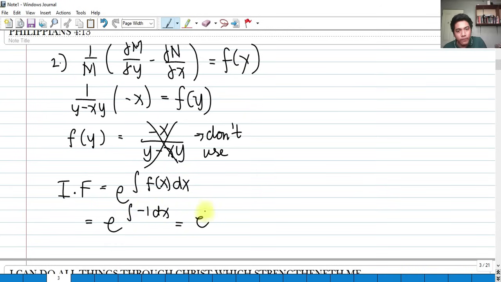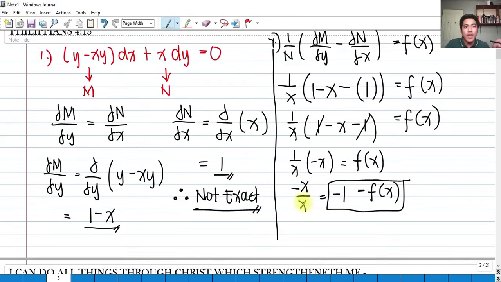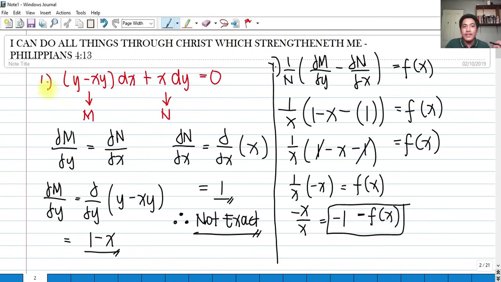If we integrate that, we can factor out negative 1 outside of the integral sign, and our result is e raised to negative x. What is this e raised to negative x? That is the integrating factor, and when multiplied to our original equation, this DE would be exact.